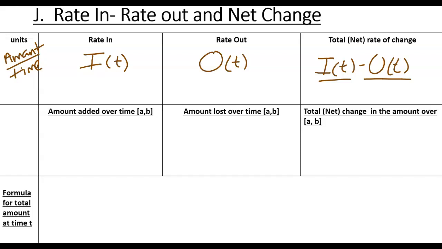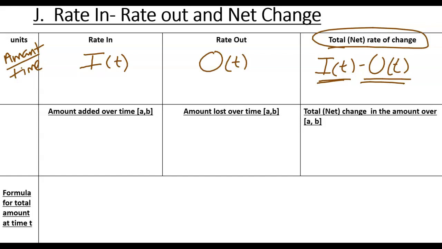Well, you subtract those, you get 5 liters per minute. And since it's positive, that means the rate in is greater than the rate out, which means that the amount of water in the bathtub is increasing because it's positive. Okay, so you have rate in, you have rate out, and when you subtract rate out from rate in, you get the total or net rate of change of the amount in the tub over that time, right?